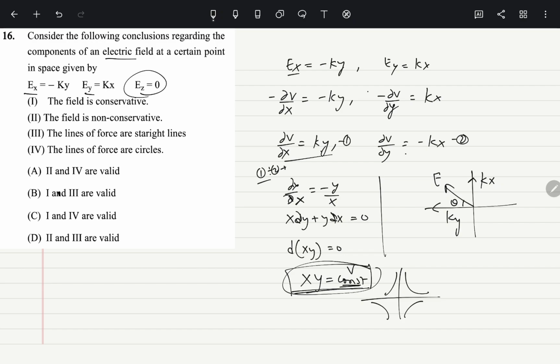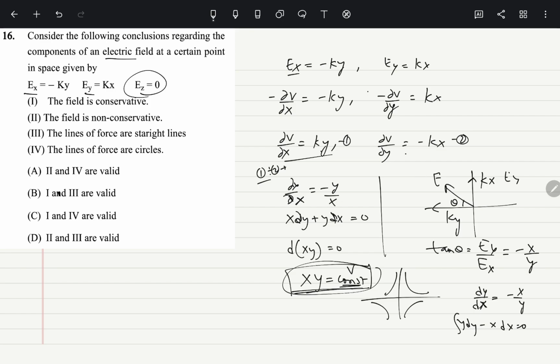So tan theta is equal to Ey by Ex, which is equal to minus x by y, correct? And Ey by Ex we can write as dy by dx, yes or no? So dy by dx is equal to minus x by y, now if we solve it, we will get y dy plus x dx equal to 0.